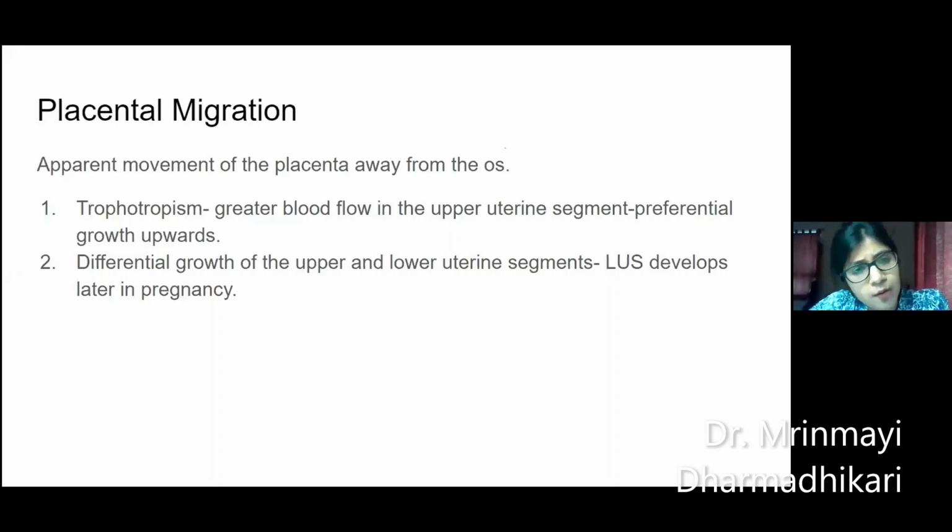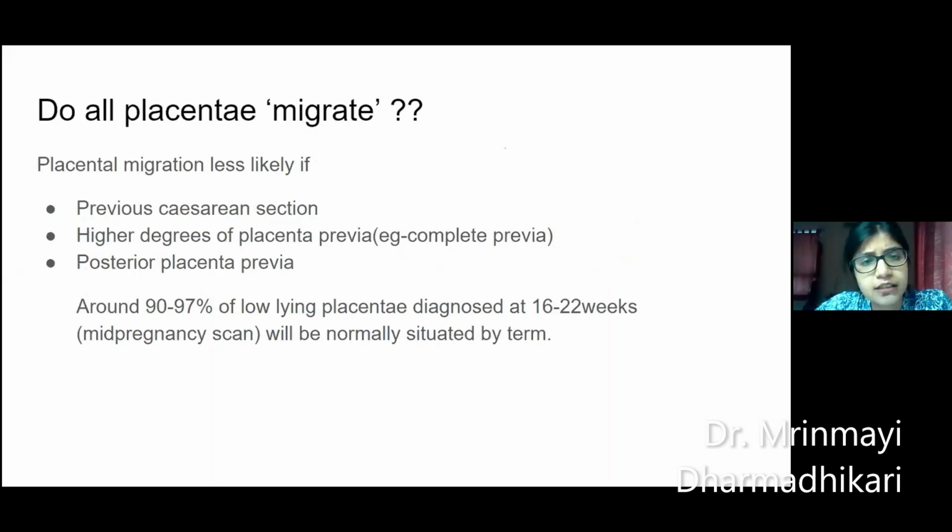So do all placentae migrate? That's my next question to you. All placentae do not migrate. What factors make placental migration less likely? Or in which cases will a placenta previa diagnosed at 20 weeks remain a placenta previa even at term?